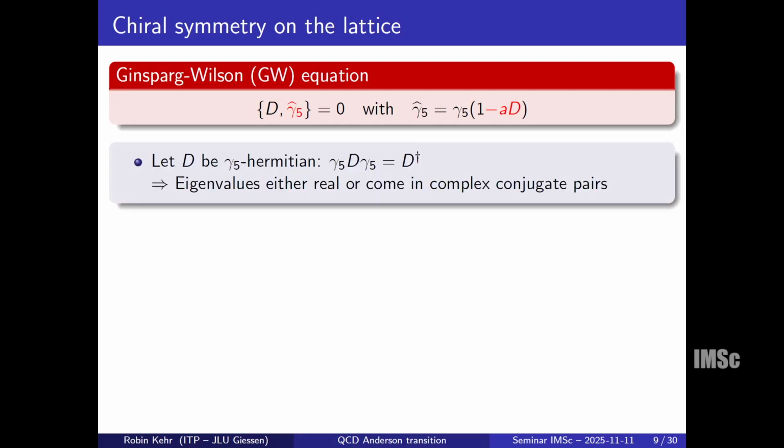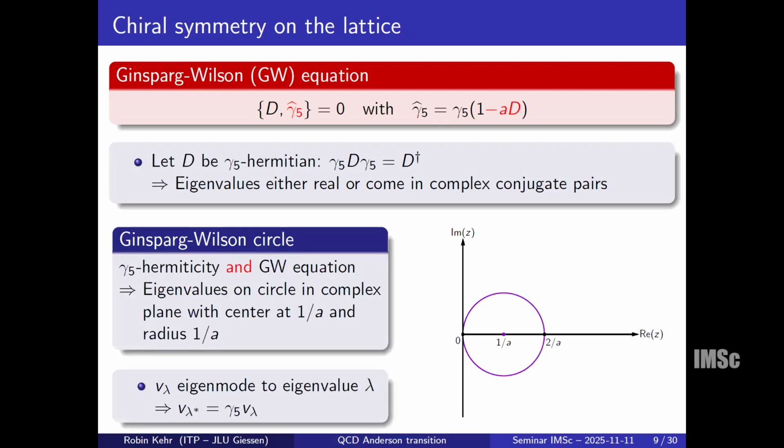Okay, and then let's talk about some properties of the eigenvalues and eigenvectors of the Dirac operator, which are our main interest here. We want to compute them. If D is gamma 5 Hermitian, which most Dirac operators usually are, then the eigenvalues come in either real or complex conjugated pairs.